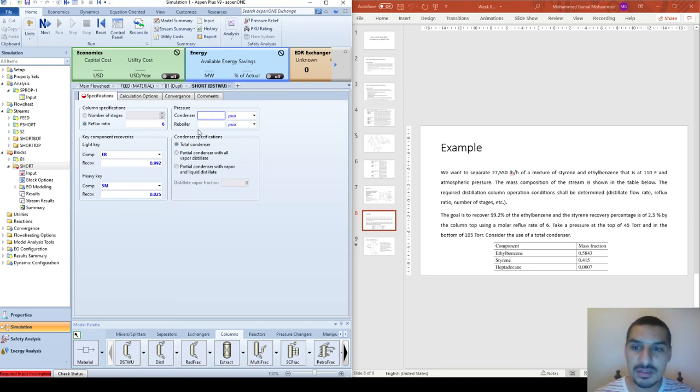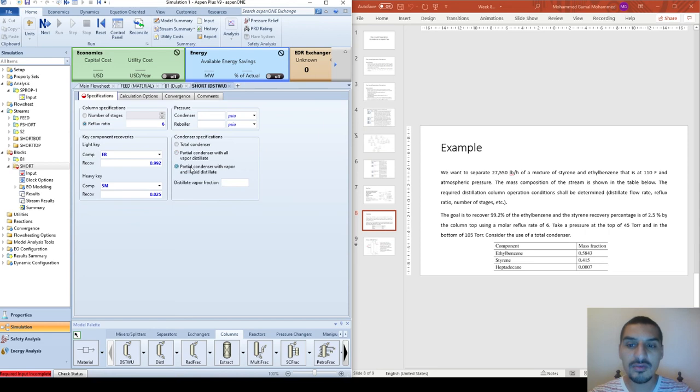For the condenser, it's a total condenser. You have options of going for a partial condenser with all vapor distillate. So the condenser condenses part of the stream or the top product, and the condensed part is coming back, or refluxed, and the top product is the vapor. And that's why the distillate vapor fraction is 1, because it's totally vapor.